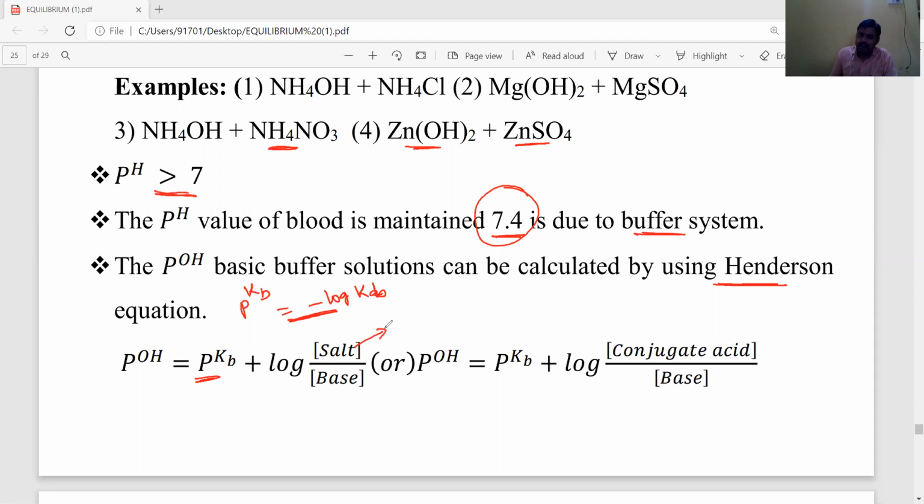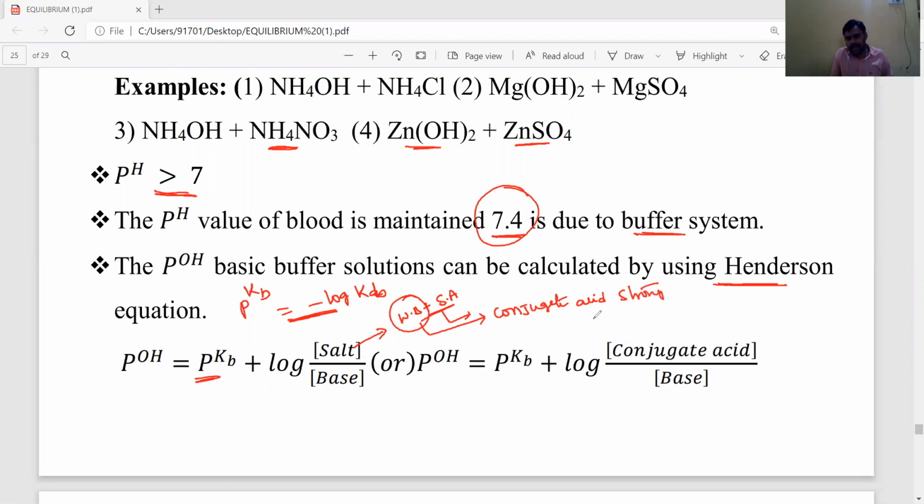How to calculate pKb, dear students? The Kb value is given, then pKb is minus log Kb. If the Ka value is given, then pKa is also minus log Ka, right? This salt is formed by a weak base and a strong acid. Here the mixture has a weak base, and the weak base produces a corresponding conjugate acid that is strong.